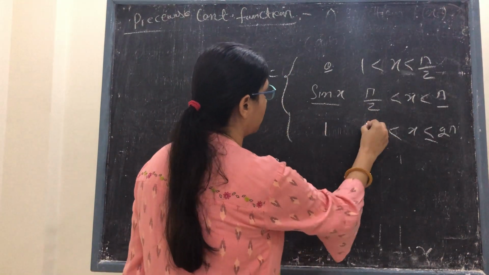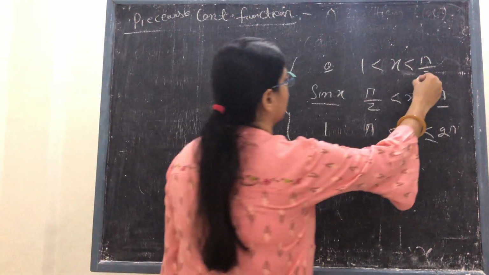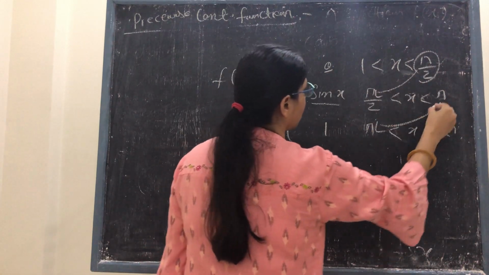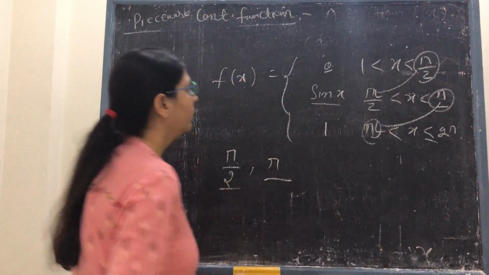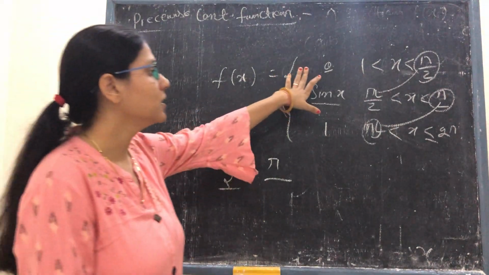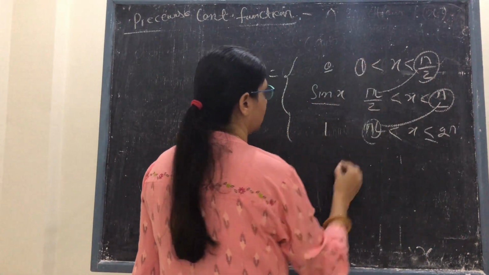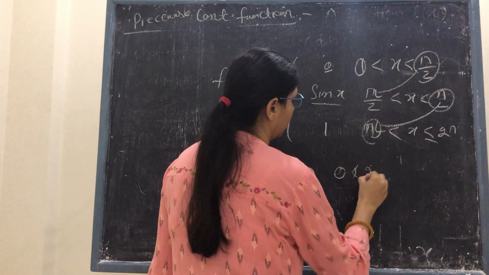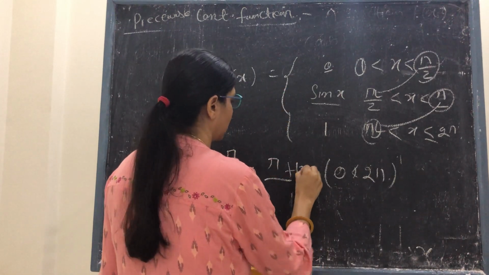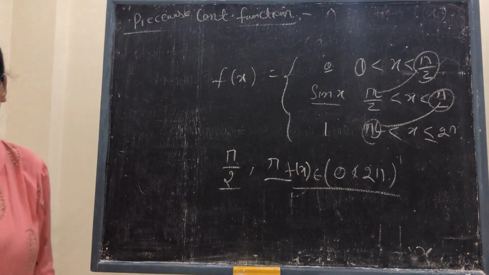So on these 2 points our function f(x) is discontinuous. So we say our function f(x) is piecewise continuous on the interval 0 to 2 pi. Is this clear?